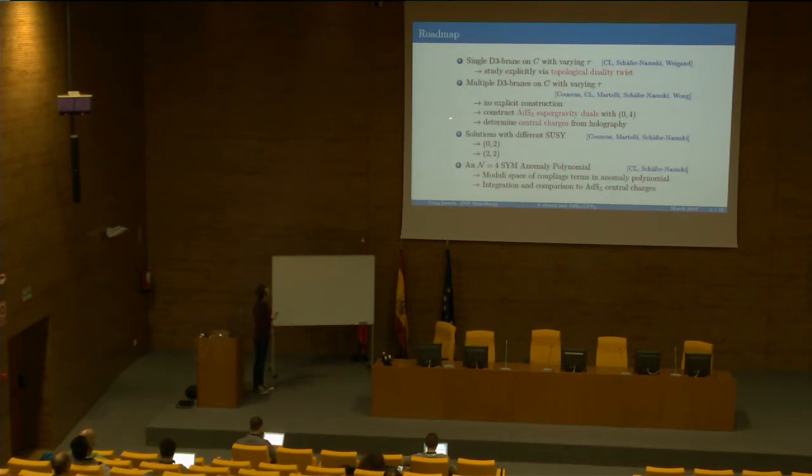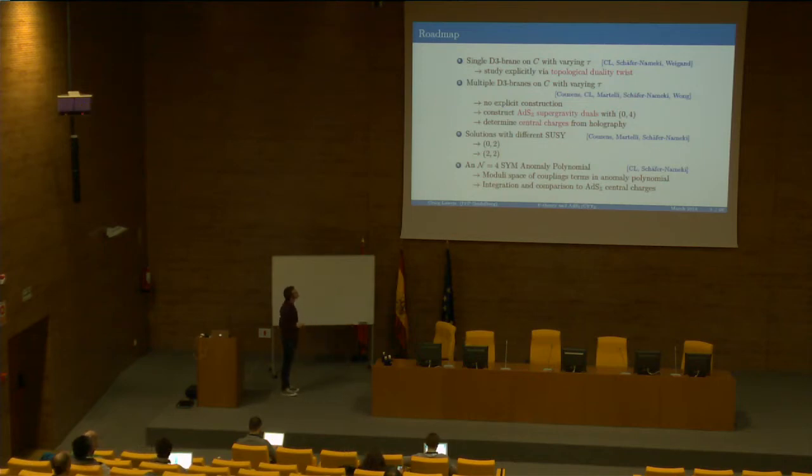Okay, so this is stuff from last summer. And then I want to tell you about a couple of new things. So when we solved in this paper the solution for AdS3 and (0,2) supersymmetry, we only really had an understanding of the (0,4) duals.